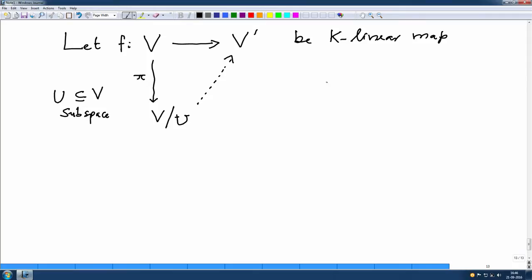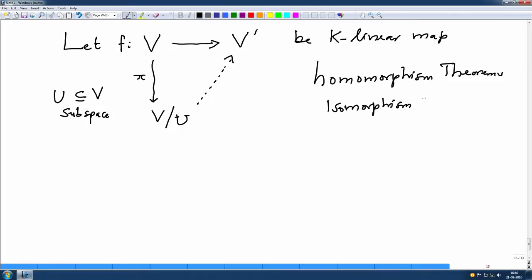All these topics come under homomorphism theorems, or also isomorphism theorems. So I want to state them very precisely. Once you state them precisely, the proofs will come obviously.